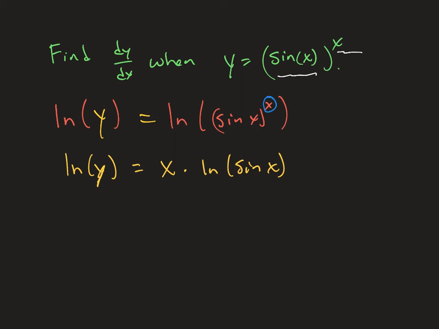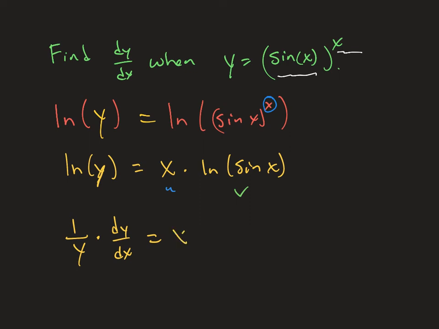And when we run through our implicit differentiation, we're still going to have to do the product rule. Remember, this is our u and this is our v. All right, so the derivative of natural log of y is 1 over y times dy over dx. And that's going to equal, okay, so it's going to be u times v prime.